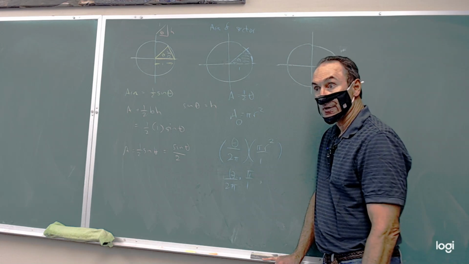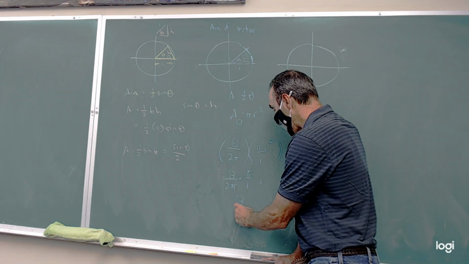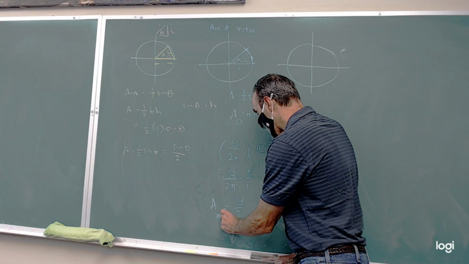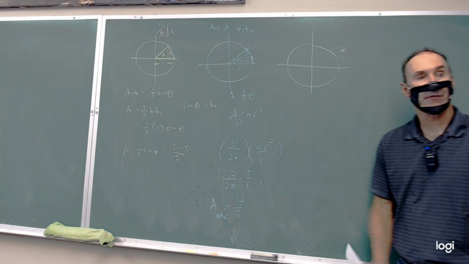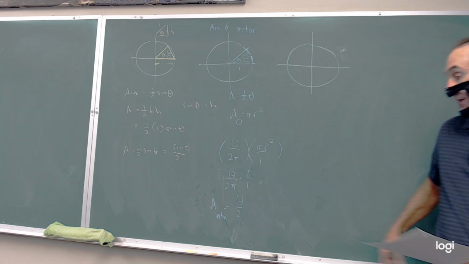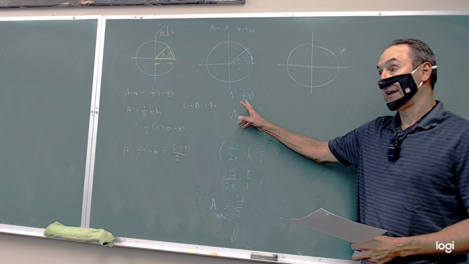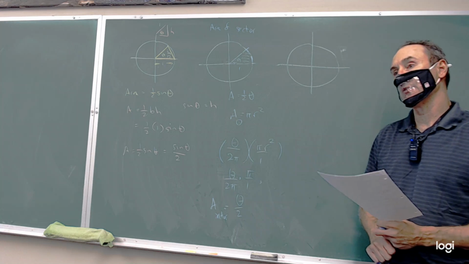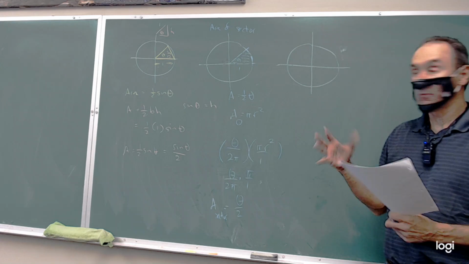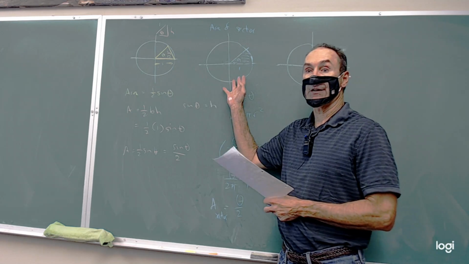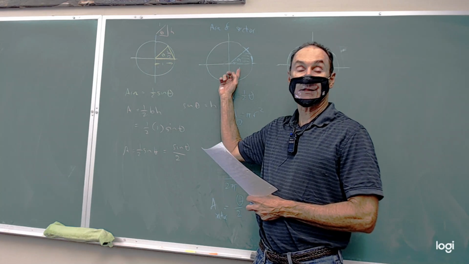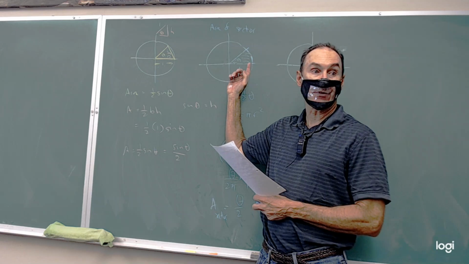And we can cancel the pi's and get that the area of that sector, it's called a sector when you get that little slice of the whole circle, is 1/2 theta, or we can refer to it as theta over 2. Is that okay? Now we can see just from the diagram that the area of the triangle has to be less than or equal to the area of that sector.